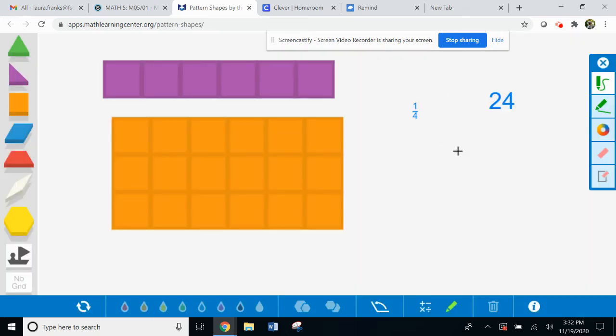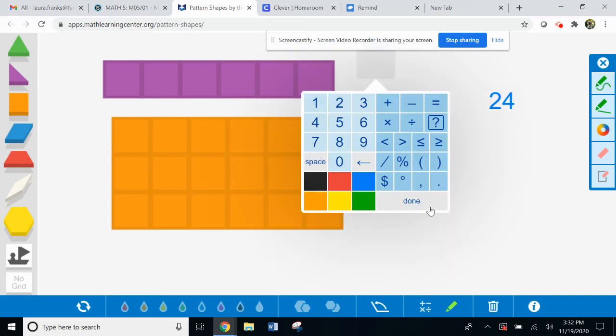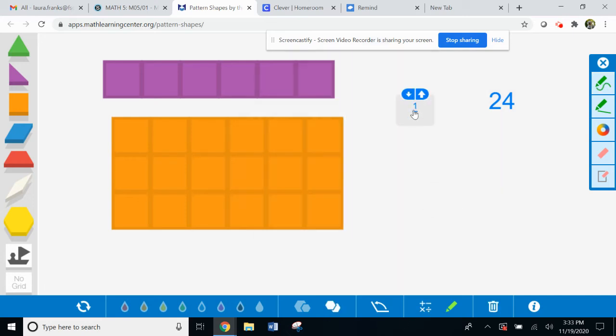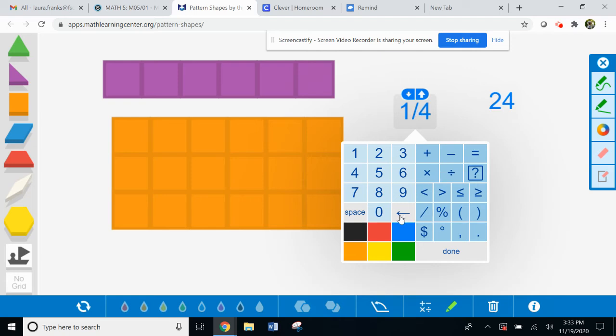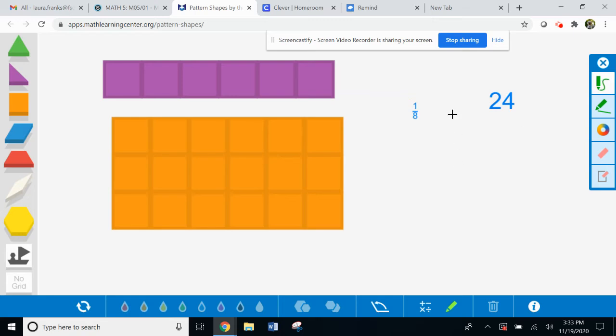So using what I know about that, if I want to change my fraction, let's talk about 1/8. So my bottom number tells me how many sections I should have.